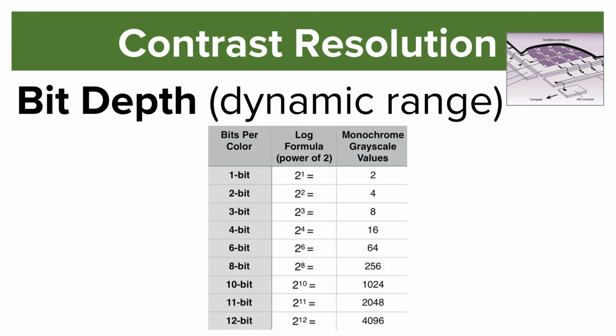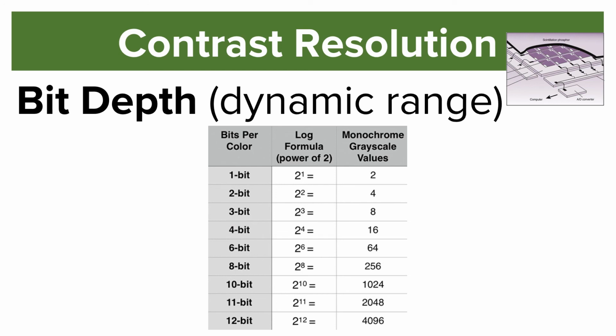The formula to find the amount of gray values is 2 to the power of the bits. For example, when we say a system is 4-bit, that means it has 2 to the power of 4 number of gray values.